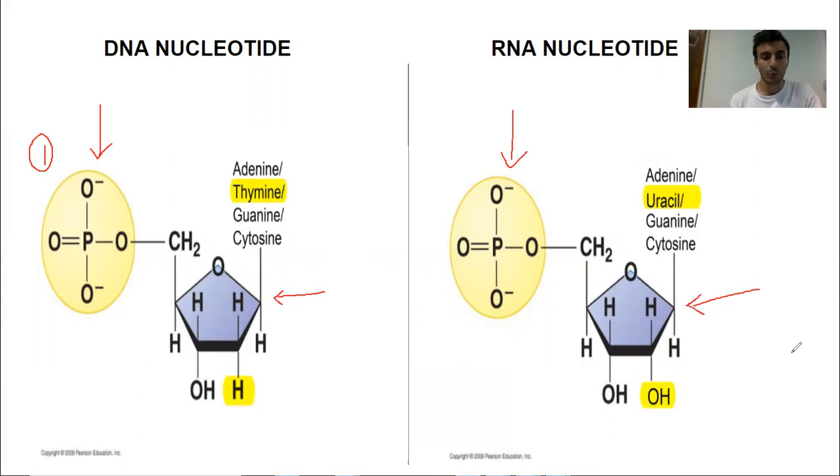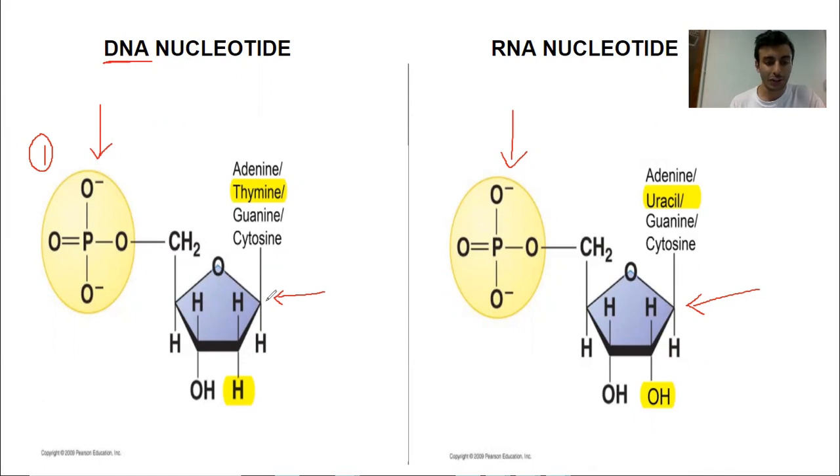The names ribose and deoxyribose are pretty intuitive, as DNA opens up to deoxyribonucleic acid, whereas RNA is short for ribonucleic acid. Similarly, the DNA nucleotide has the deoxyribose, whereas the RNA nucleotide has the ribose sugar, as we can see here.